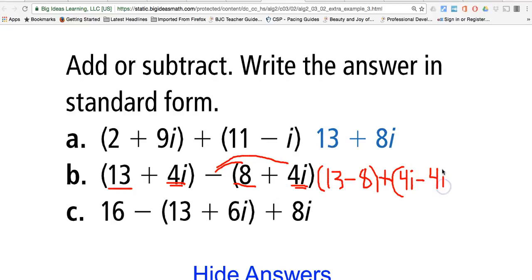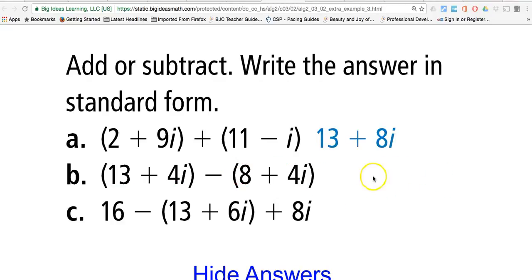Okay, now we're going to combine these, and we get 13 minus 8, which gives us 5, and plus 4i minus 4i gives us 0. So we get 5 plus 0i. And when we combine it for our answer, we just get 5 as our final answer. So 5 plus 0i gives us 5.